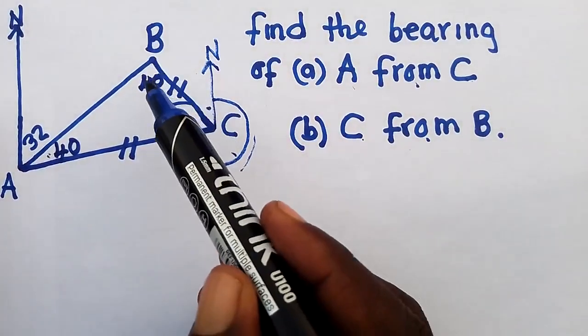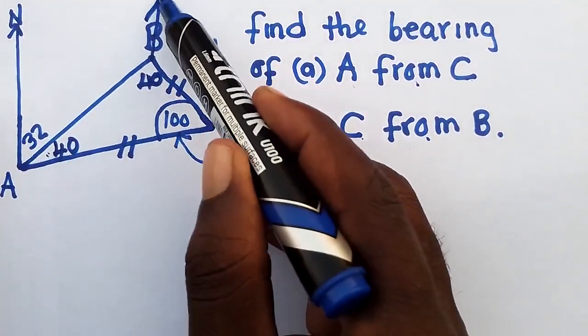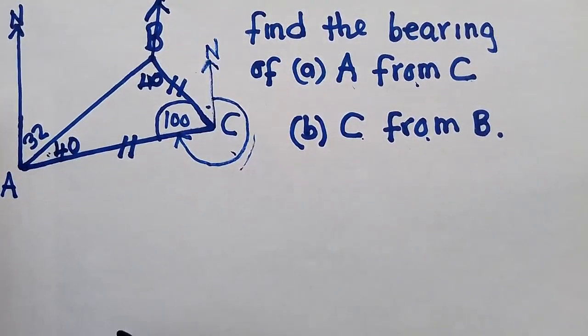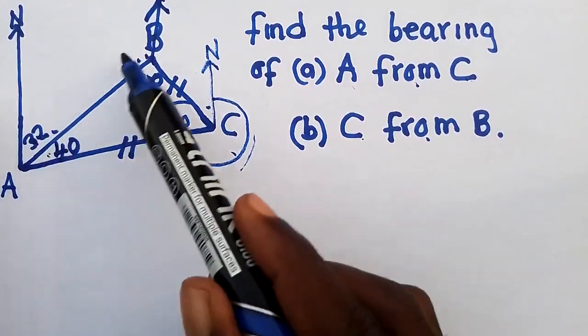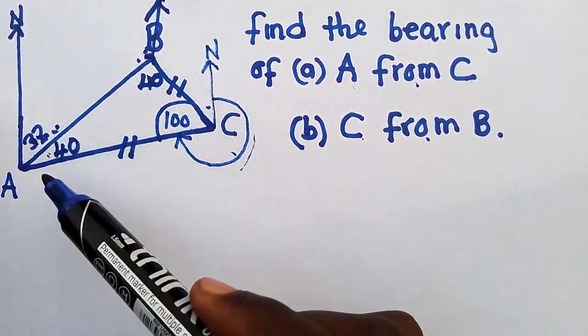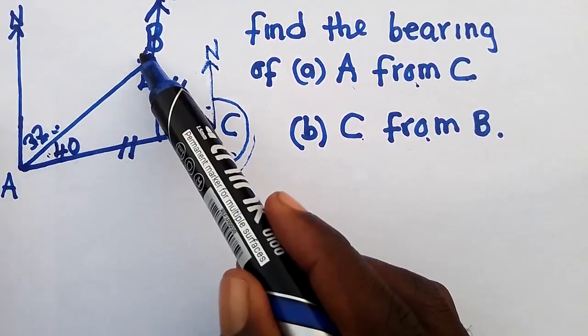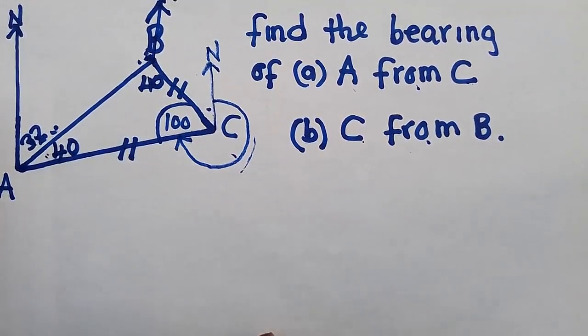If I put a north there, these two angles must give me 180. This is a principle which I told you.